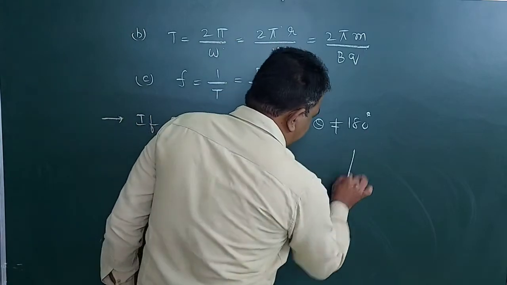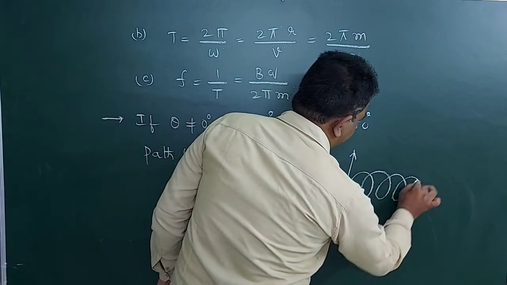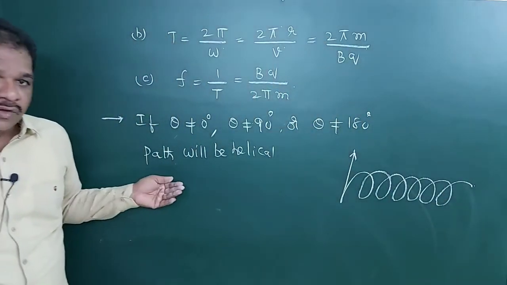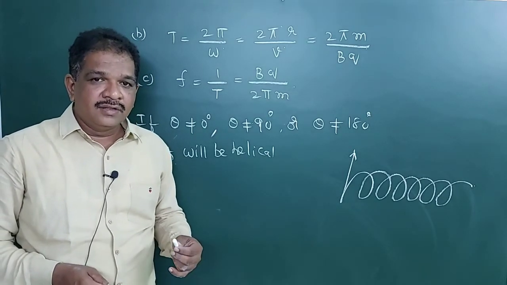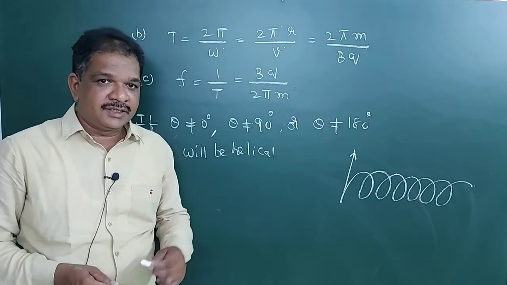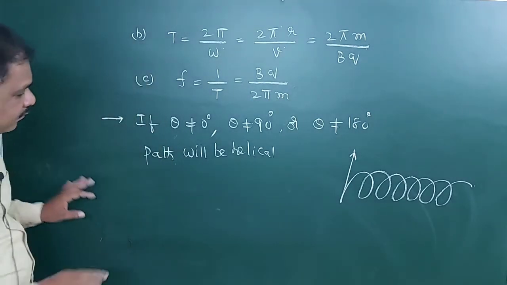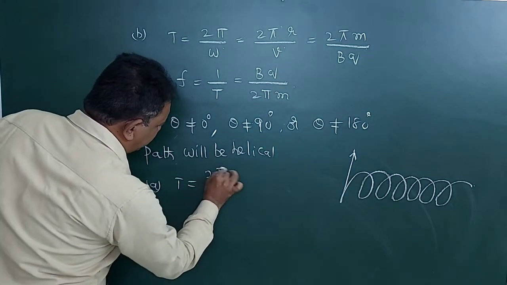So if the charged particle enters like this, its path will be like this. In one rotation, the horizontal distance it travels will be called the pitch. And they will ask its time period. Time period will be the same here, 2 pi m by bq.